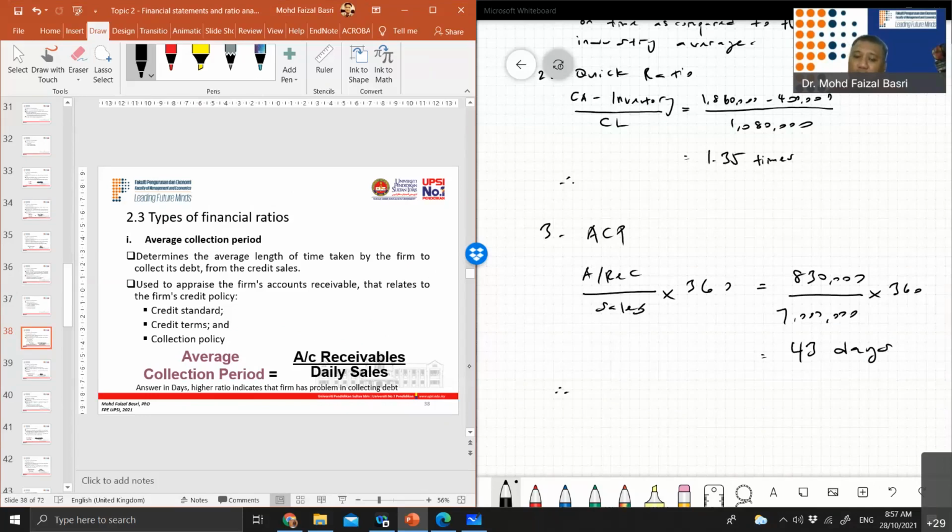Ataupun you can rearrange the words, ataupun you can revisit the words based on the explanation tadi lah. The company has worse performance as compared to the industry average, which indicates that they require longer time to collect debts as compared to the industry average.